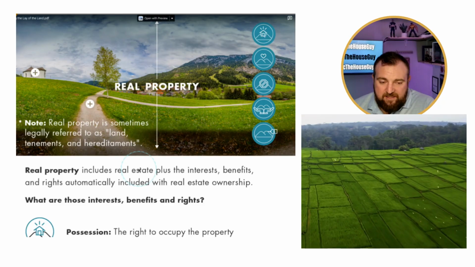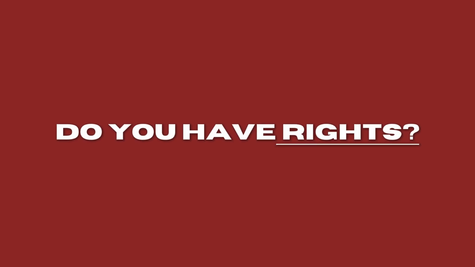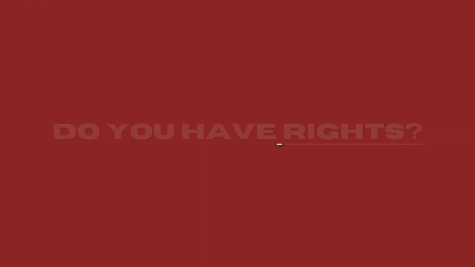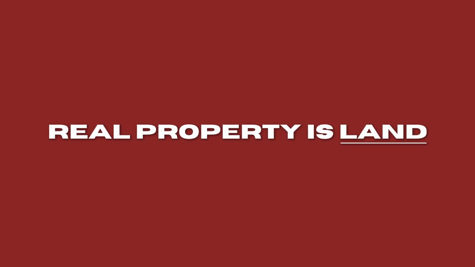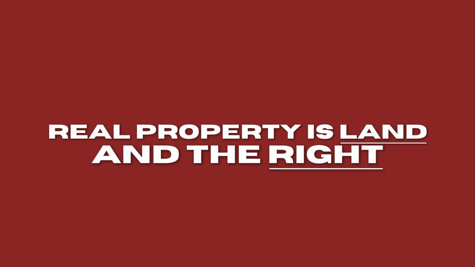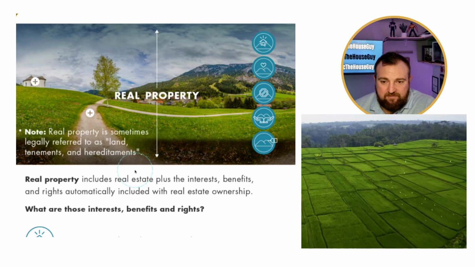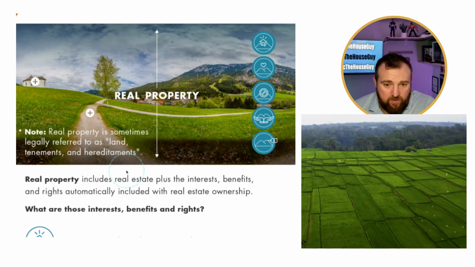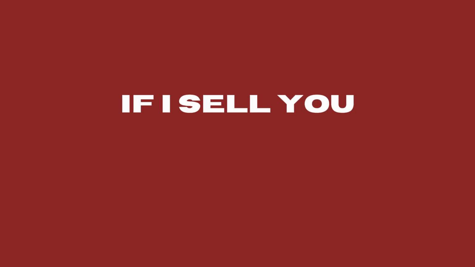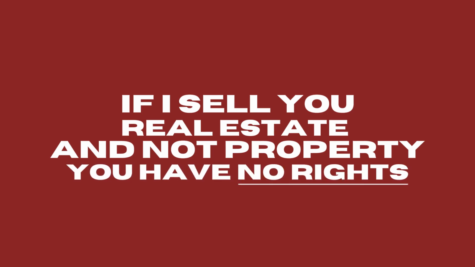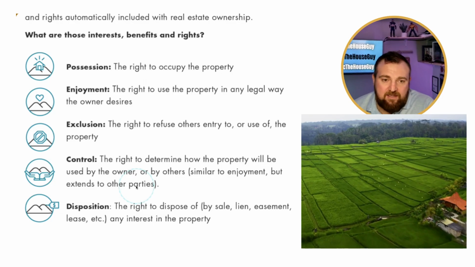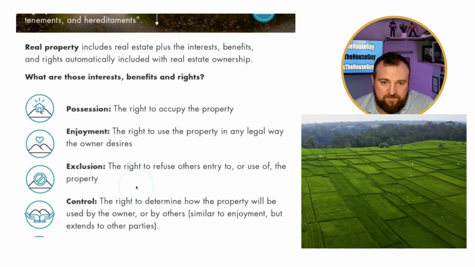So let's listen to that. If I sell you land, but I don't sell you real property, do you have rights? Answer would be no, right? Because it's real property. It is land, but it's real property. Real property is the land and these rights.